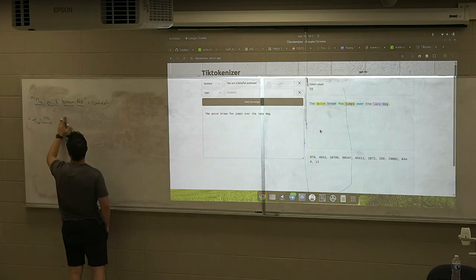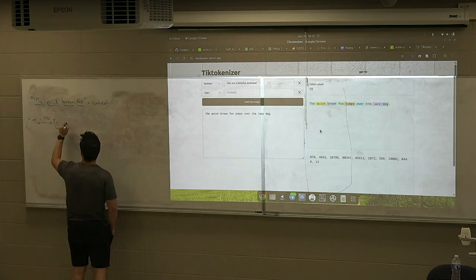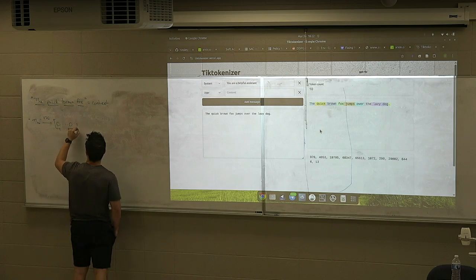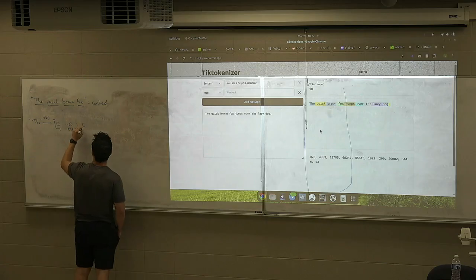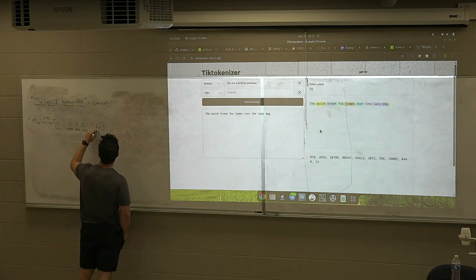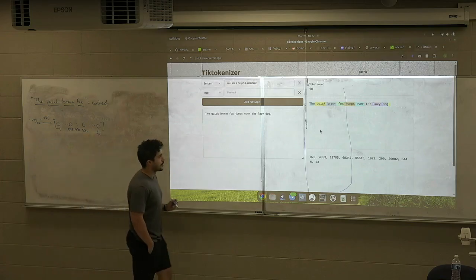Really, in this model, it's a row vector. So you'll have 975 zeros, then a 1 at position 976, and then 977 is going to be 0, and it's going to go up to what we call d_T, the dimension of the token space.